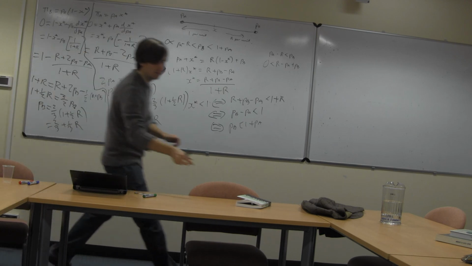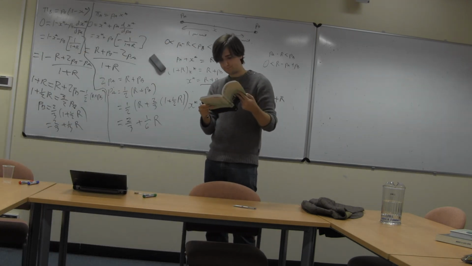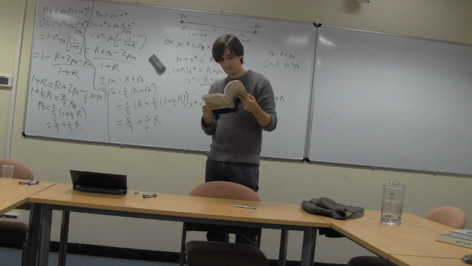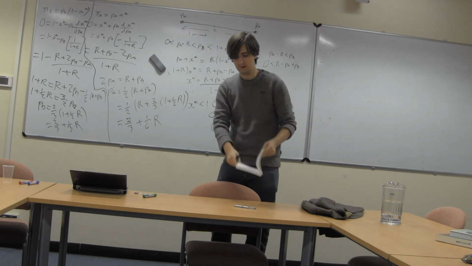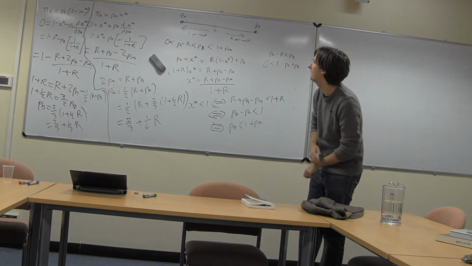So the exercise in the book doesn't actually ask you to solve this, so this isn't what the exercise in the book is asking you to do, so we can't look at the answer in the book.